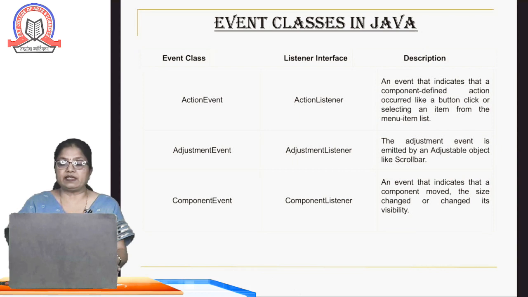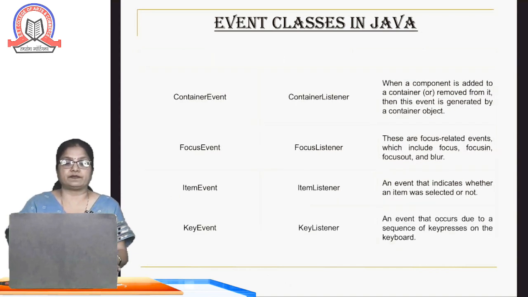The adjustment event is emitted by an adjustable object like scroll bar. For component event, there is a component listener, an event that indicates that a component moved, its size changed or it changed its visibility. For container event, container listener is there.